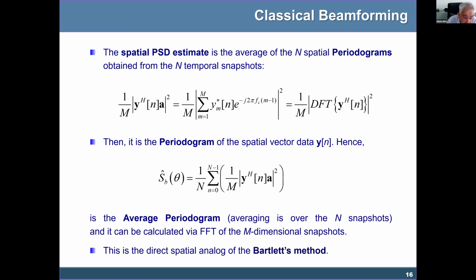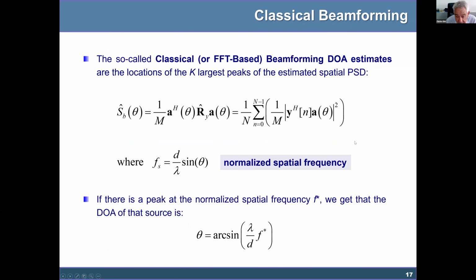So the properties of this method to estimate the spatial power spectral density are exactly the same as the Bartlett method. I don't know exactly what your background is, but if you have studied power spectral density estimation, you can immediately understand the close relationship.